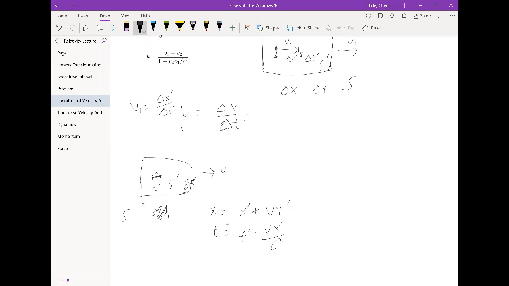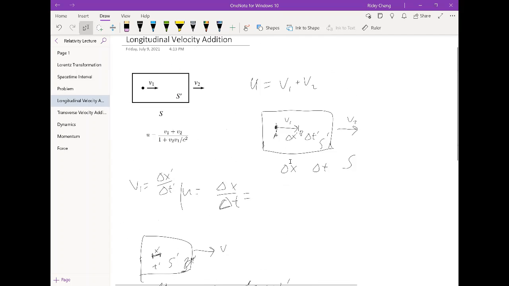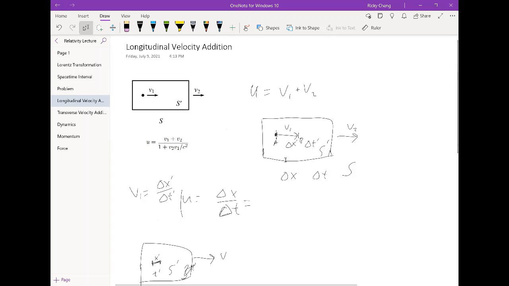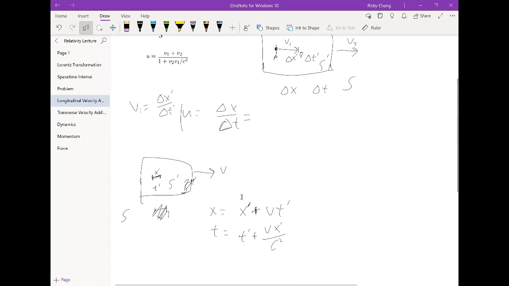I hope you know what the Lorentz transformation is. If we apply this to this problem, delta x is the distance measured in S, and delta x prime is the distance measured in S prime. By the way, x and x prime, t and t prime are essentially the distances between two different events as measured in S and S prime.